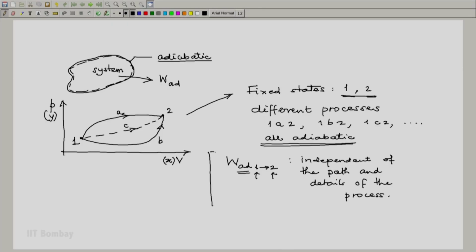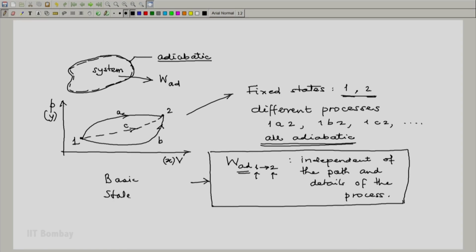All we need is that the initial and final states are fixed. If those two are fixed, and the process is adiabatic, the work done would be the same. This is our statement of the first law of thermodynamics, the absolute basic statement as provided by Carathéodory.